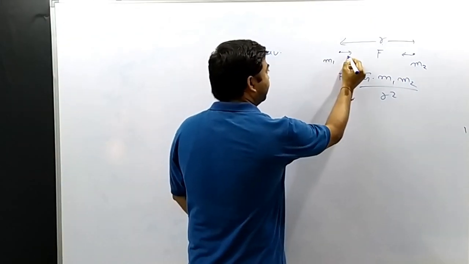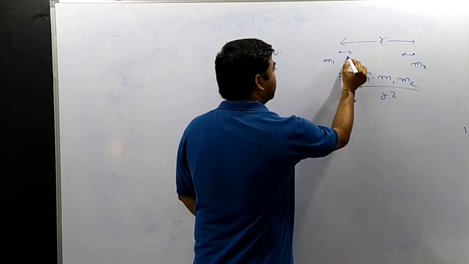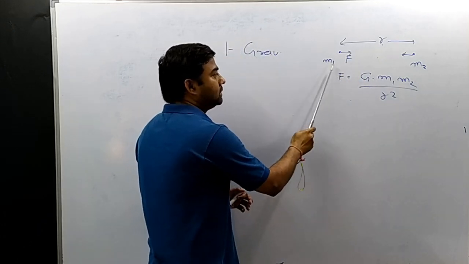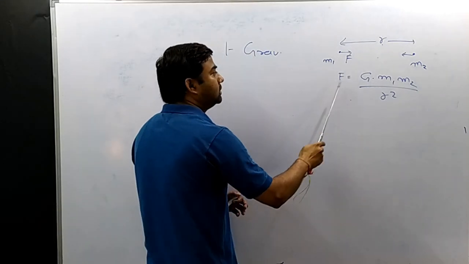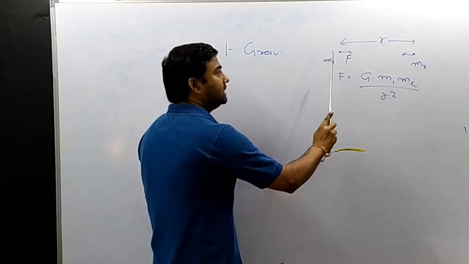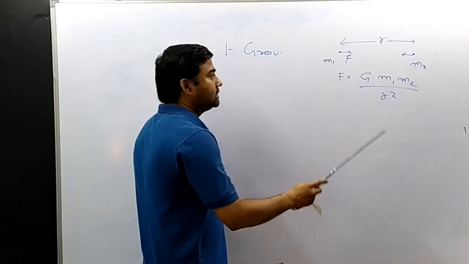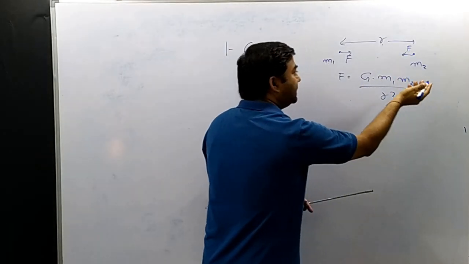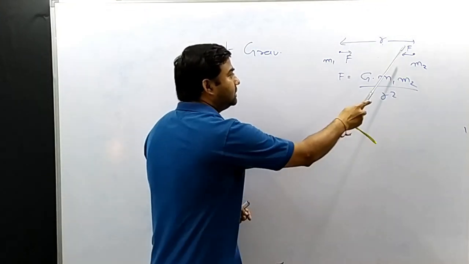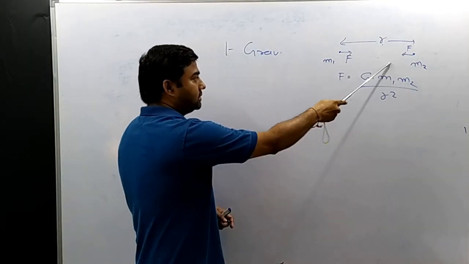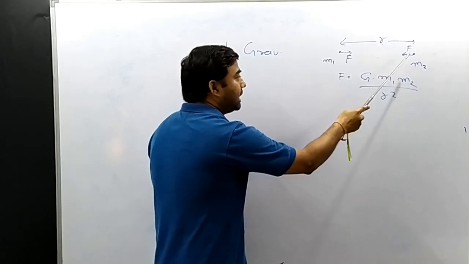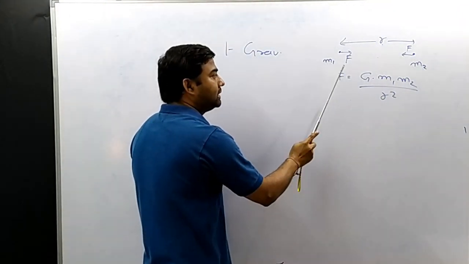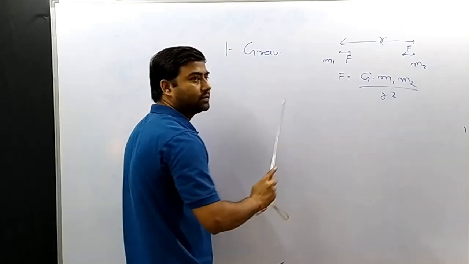First is this F. This is gravitational force F on m1 having this magnitude exerted by m2 in this direction. Similarly, second force is also F, but in opposite direction. This force is acting on m2, exerted by m1, having magnitude equal to this.